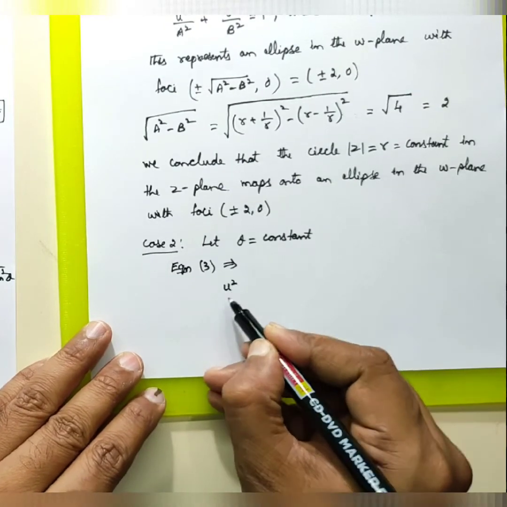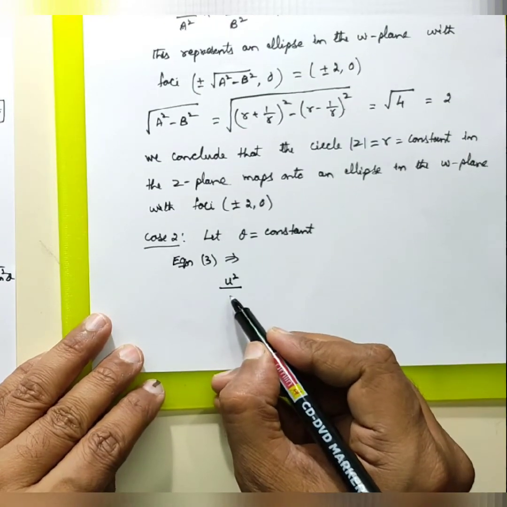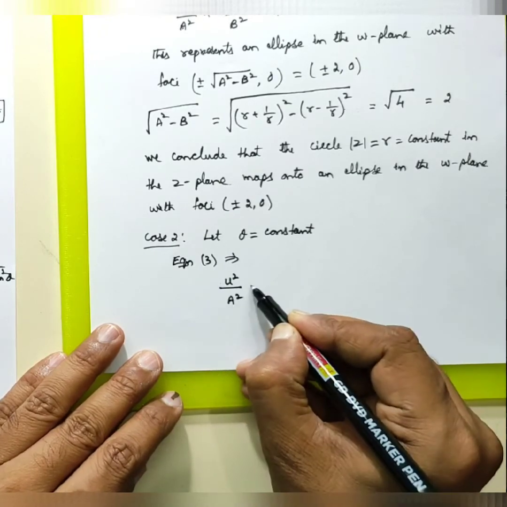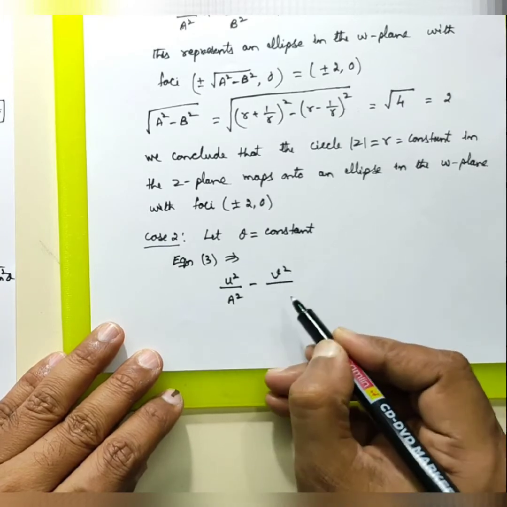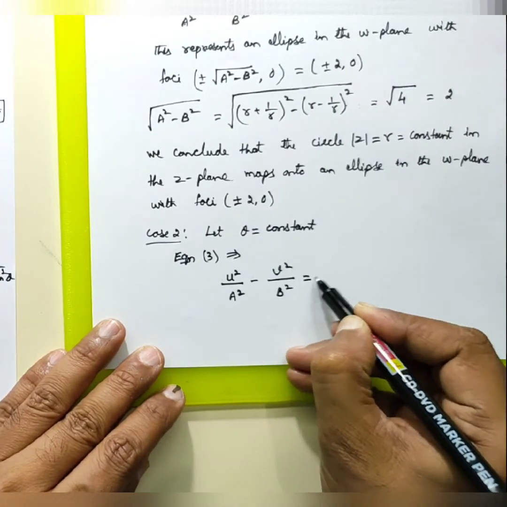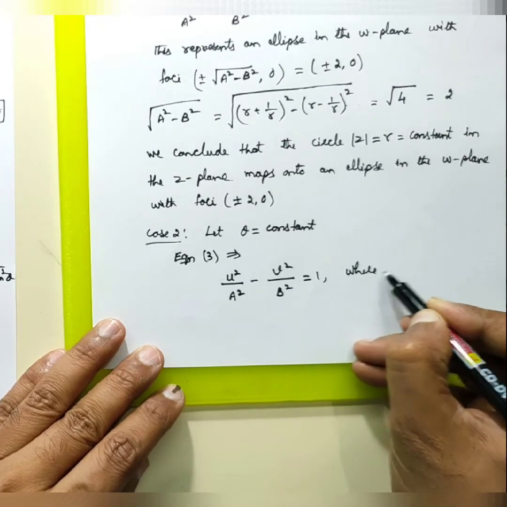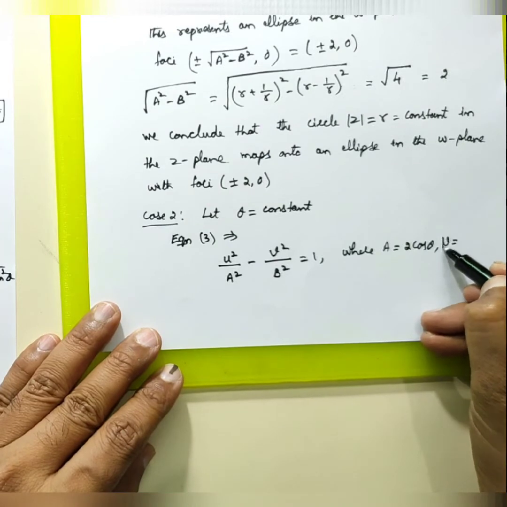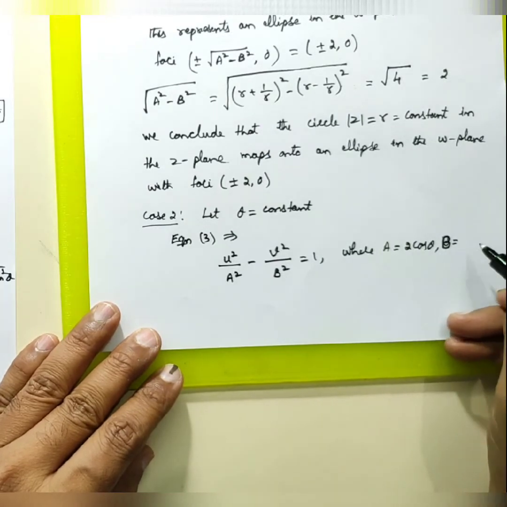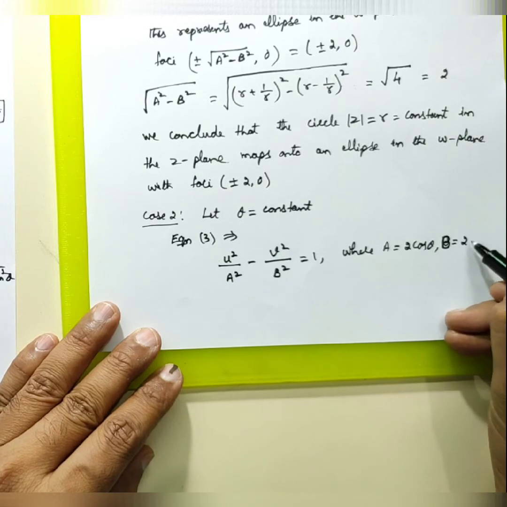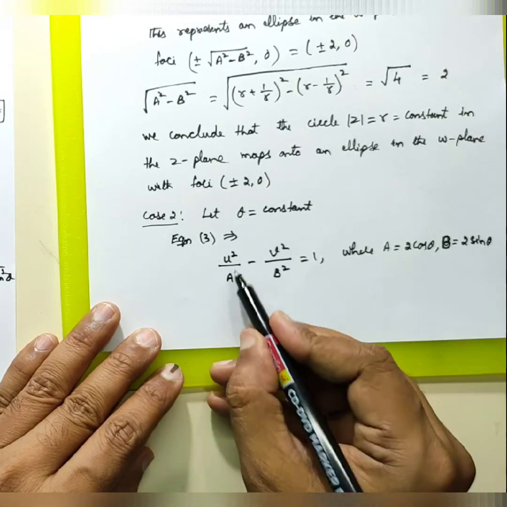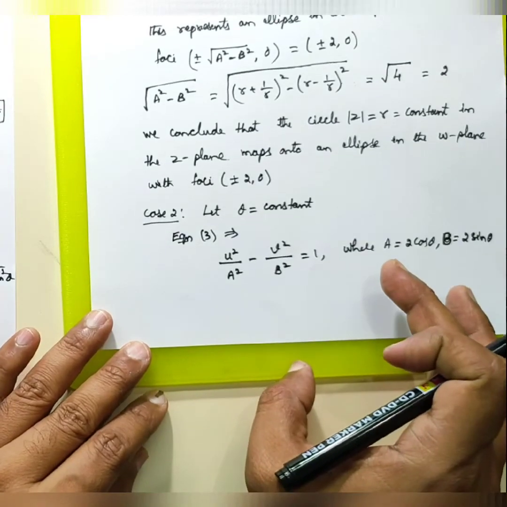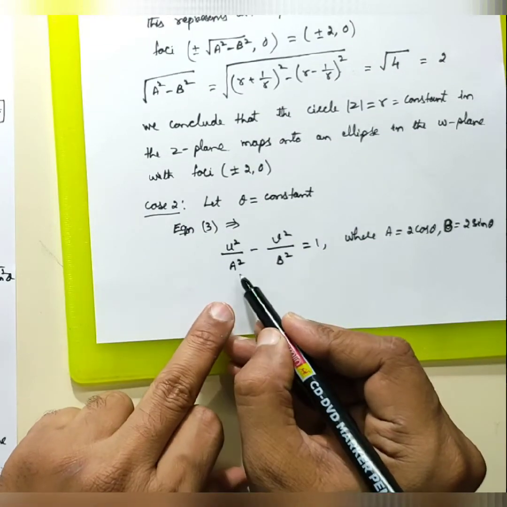you will be getting u square by 2 cos theta. I am taking that as a, so it becomes a square, minus v square by b square is equal to 1. What is the value of a I have taken? A represents here 2 cos theta, and b represents 2 times sin theta. So we got u square by a square minus v square by b square is equal to 1. So what does this represent?